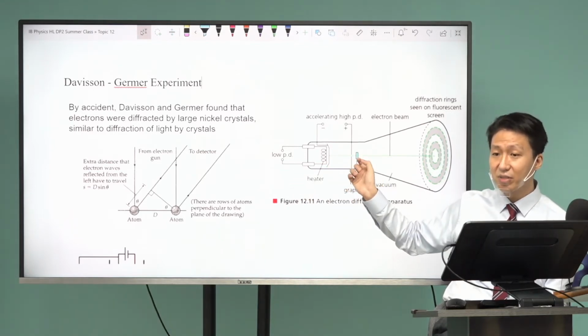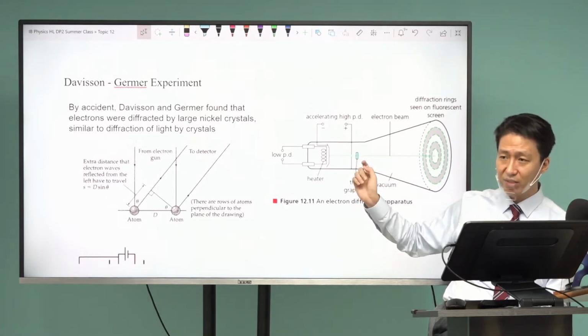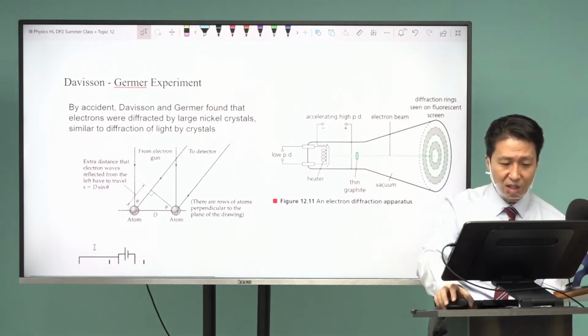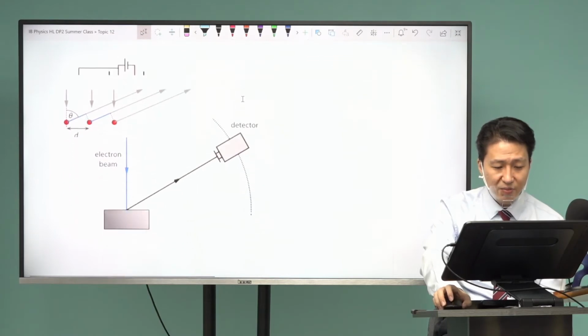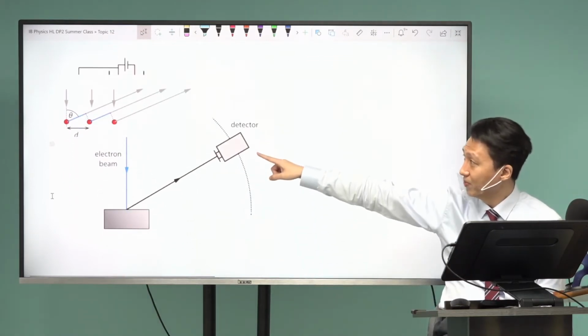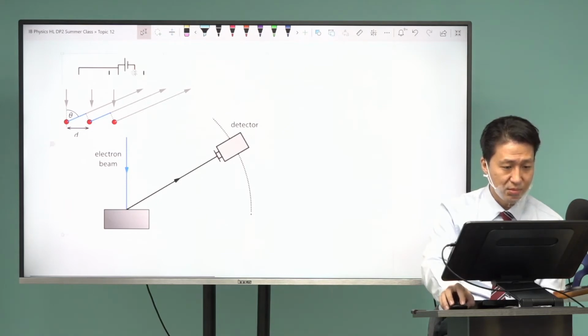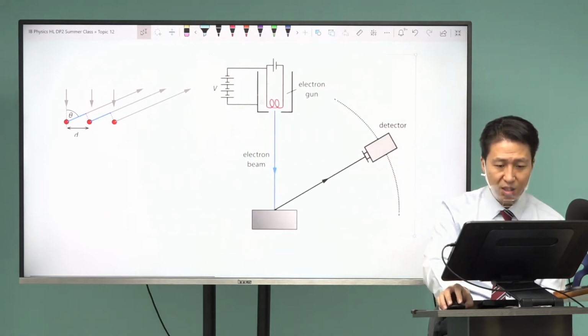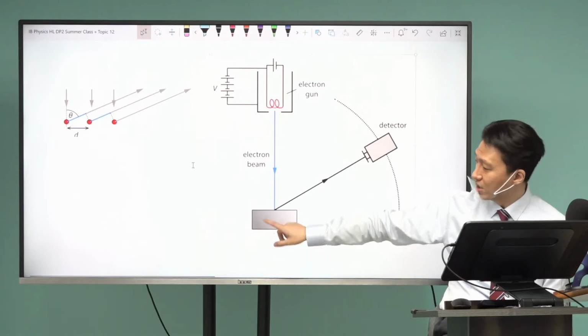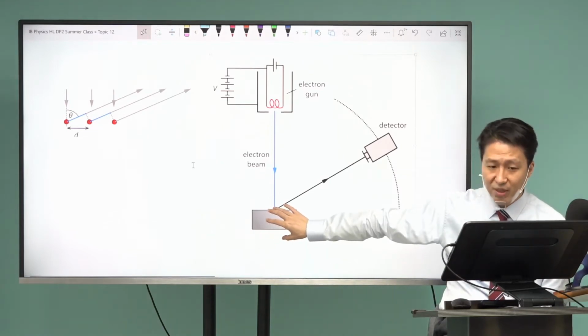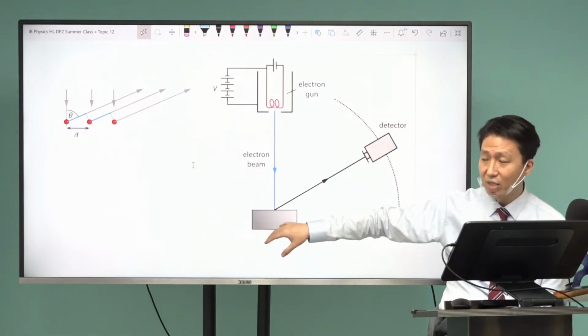This is a different experiment, but just to illustrate where the electrons came from. And if you look at the experiment, you have an electron beam coming in, and this beam is directed at nickel, and it would bounce off.